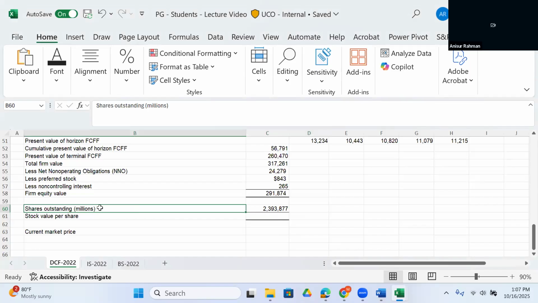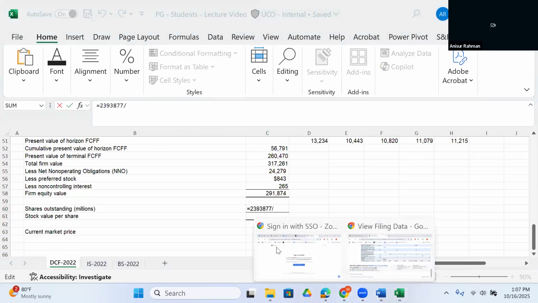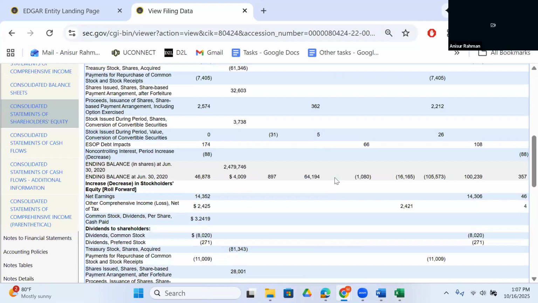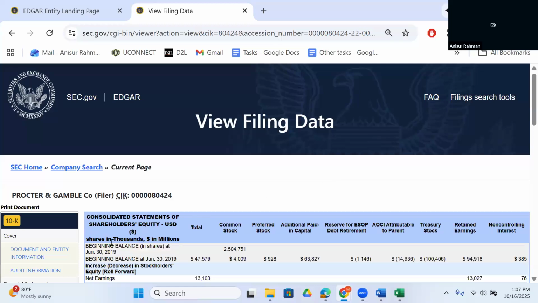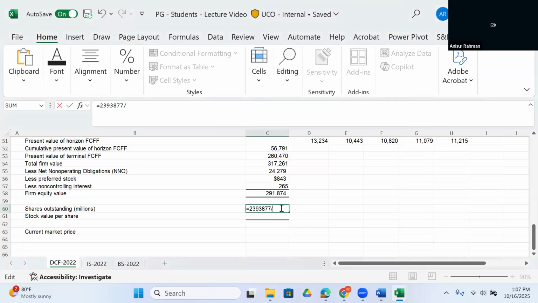Now we have to convert this into millions, right? So I'm going back there, enter equal in front and divided by, and these numbers were in shares in thousands. Okay, so they're already in thousands, so I just need to divide by another 1,000 to find it in millions.